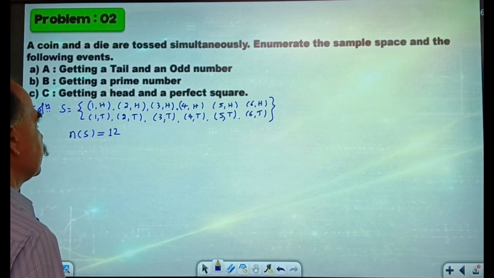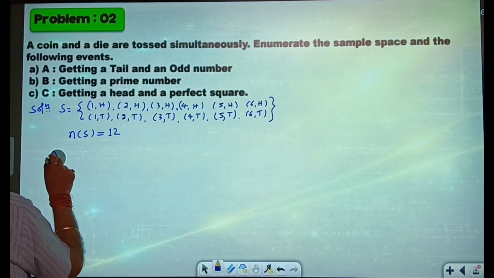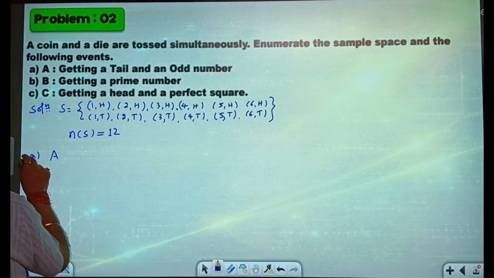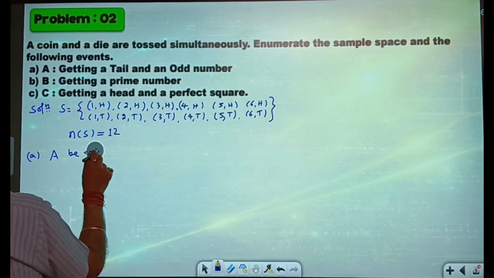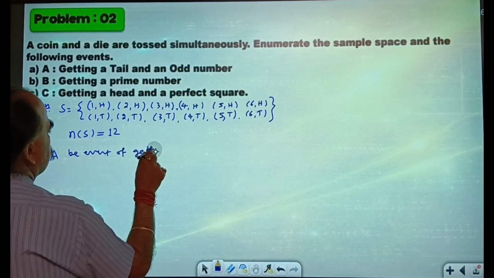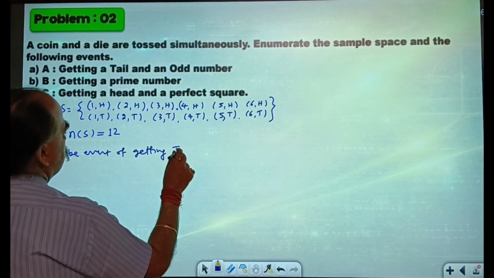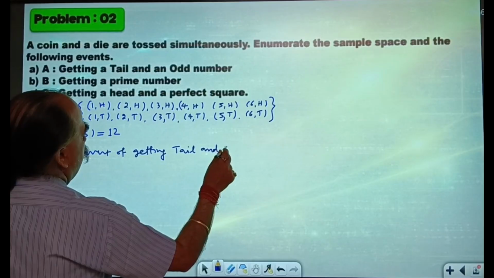A is what? Getting a tail and an odd number. A is the event of getting a tail and an odd number.